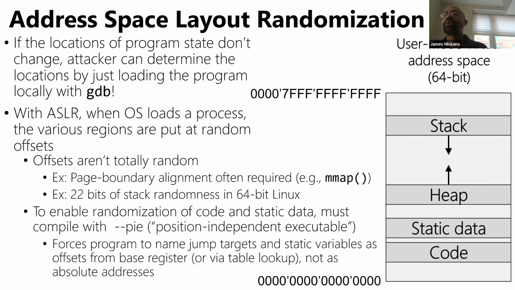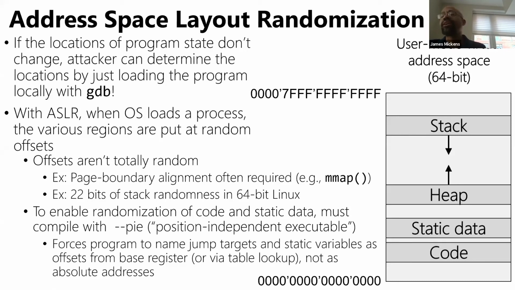So how do you enable randomization of code and static data? If you want to enable the randomization of code and static data, then you actually have to talk to your compiler and pass some specific options to make your binary position independent. What does that mean? A position independent executable basically doesn't use absolute addresses when it does things like invoke call instructions or load the value of static data variables.